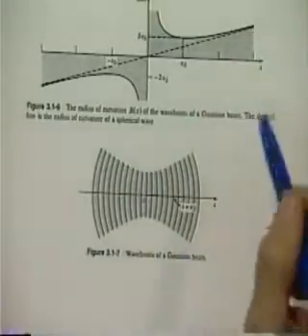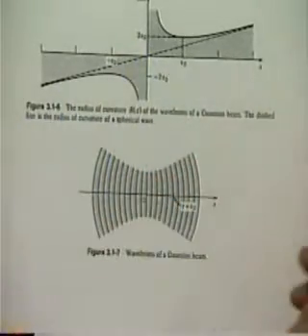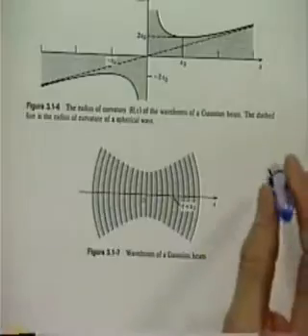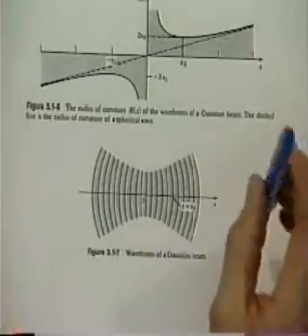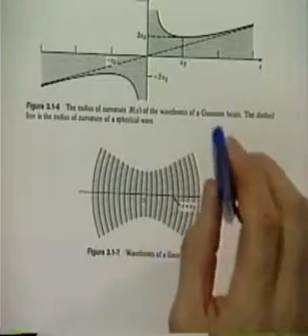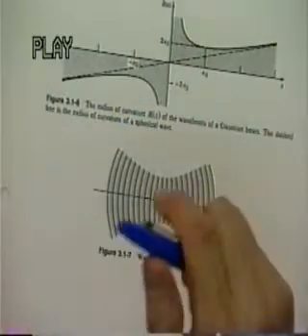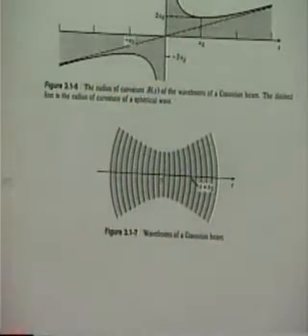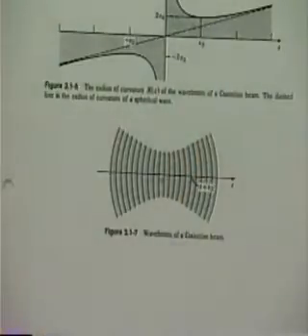Okay, and I guess that dashed line here is just the radius of curvature for a normal spherical wave. Well, then it behaves like a Gaussian. If you put that Gaussian profile on it, then it is a Gaussian. Okay, that's something else that's kind of interesting. Again, as we get far away, it behaves like a normal spherical wave, but up close to the beam waist, it's a little bit different.